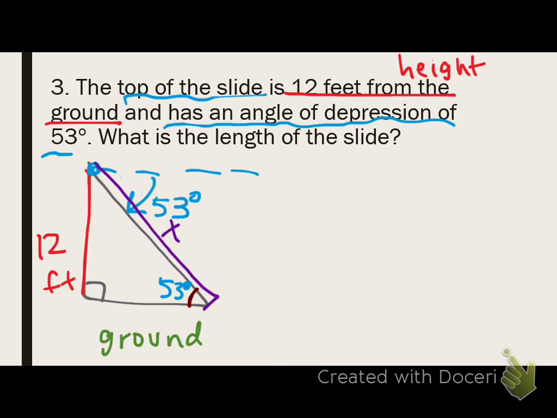What kind of side is 12? And then x is hypotenuse. So which trig ratio are we going to use? Sine of 53 equals the opposite, which is 12, over the hypotenuse. You can call it x, you can call it h. It doesn't really matter. We just know it's missing. Do I need to flip this one?